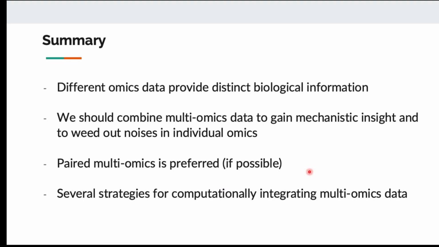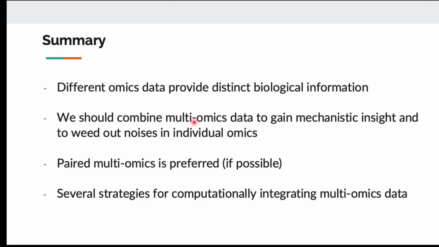Okay. So just to summarize, we talked about different ways that we have multiple types of omics and we want to combine them. We have the motivation. Different omics provide different biological information. If we can combine them, we can make a conclusion about the mechanisms. And we saw in one example study that we can combine data from different labs, different cell cultures, different population cohorts with minimal problem.